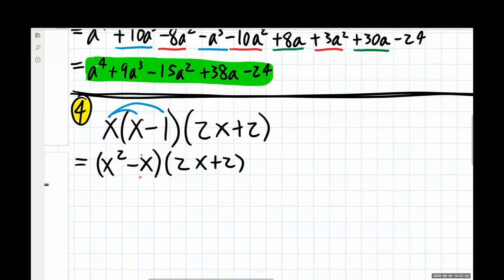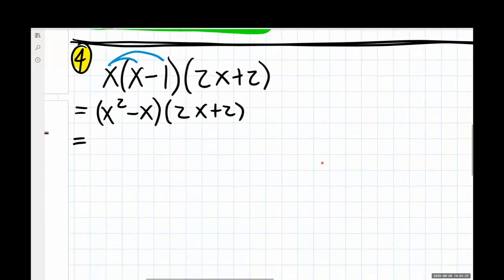Now I have a binomial times a binomial, much like we did with example 1, and I can use the distributive property like I did previously, write that out, and then combine like terms and get to my final answer. So I'm going to distribute the x squared to everything first, then the negative x to everything, multiply and combine like terms.